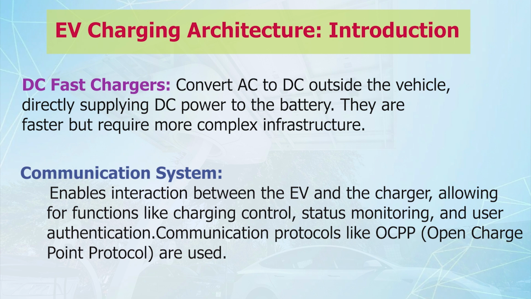How much current we need to draw, what is the magnitude of current, as well as these chargers have to communicate with the EV batteries, which may allow for functions like charging control, status monitoring, what is the state of charge of the battery, what is the depth of discharge of the battery, other battery parameters, and user authentication. Communication protocols like the Open Charge Point Protocol are also used in the communication system.